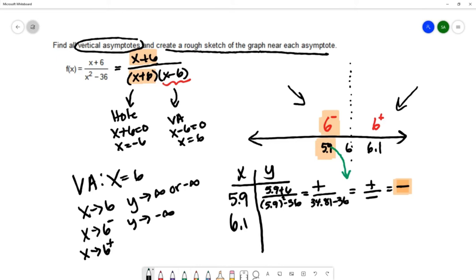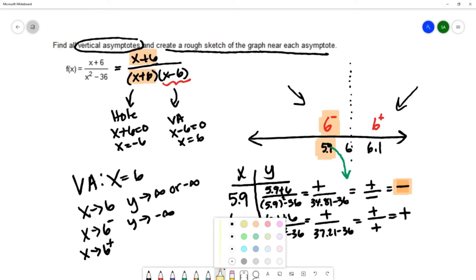Then I'll do 6.1. 6.1 plus 6 is a positive. 6.1 squared minus 36: 6.1 squared is 37.21, minus 36. That's a positive. Positive divided by a positive will be a positive.